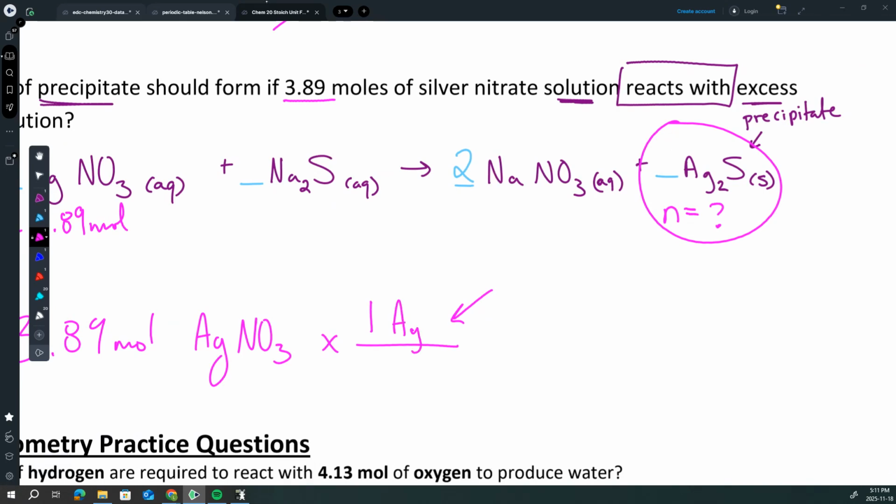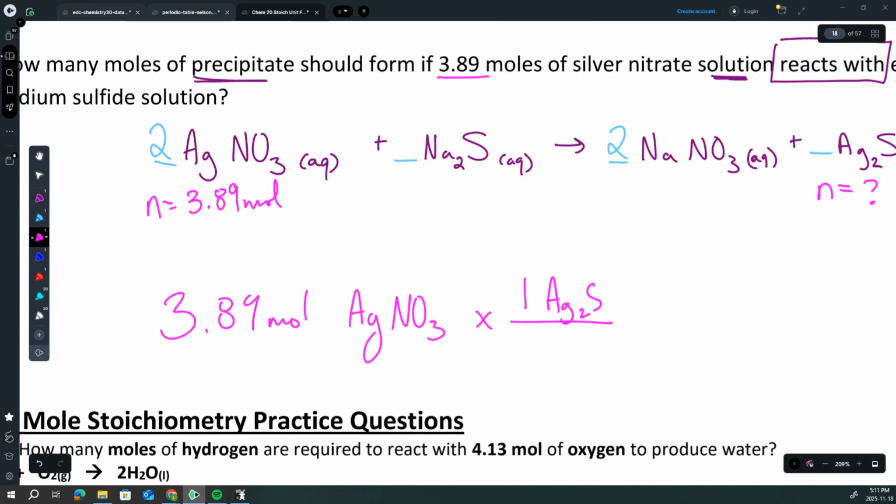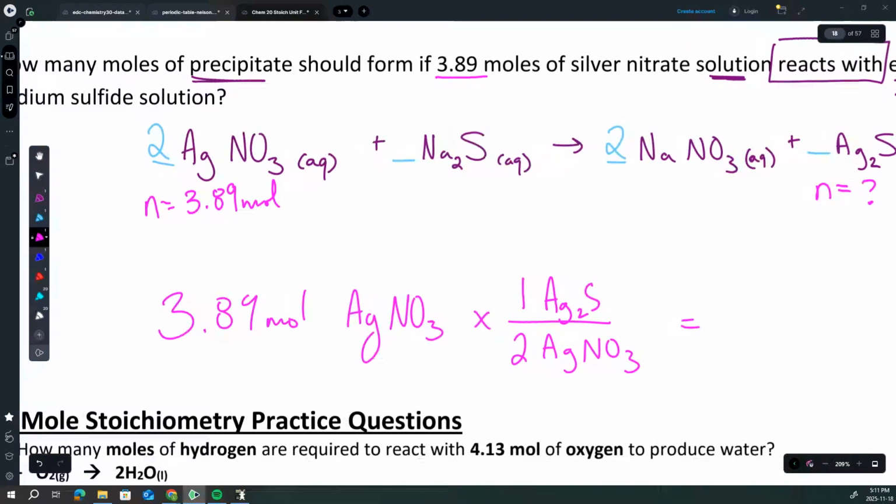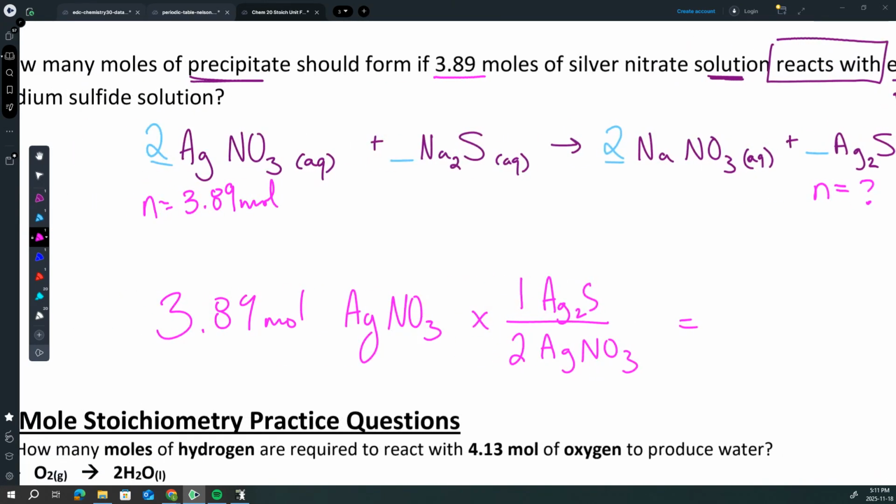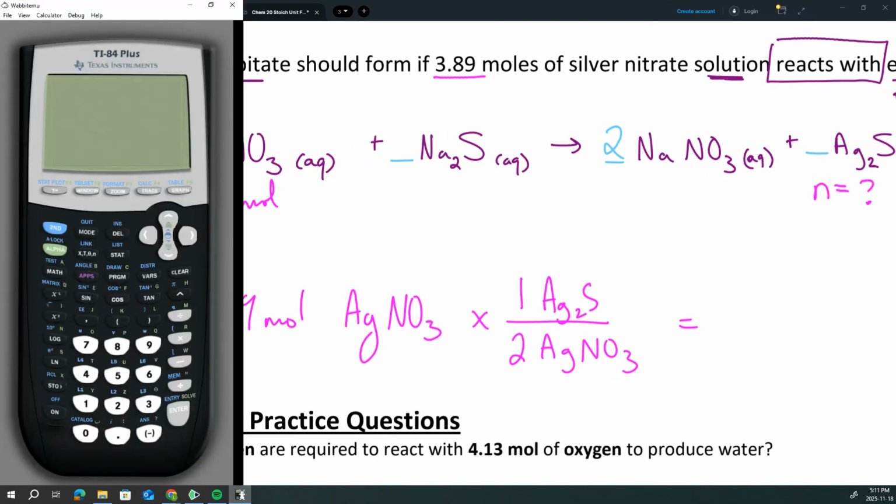So 1 silver sulfide. Let me make that a little bit clearer. And then what we're given goes on the bottom, and we're given silver nitrate. All right, so how we're going to do this is we're going to take that 3.89 times it by 1 divided by 2.